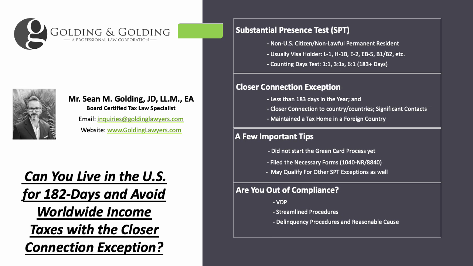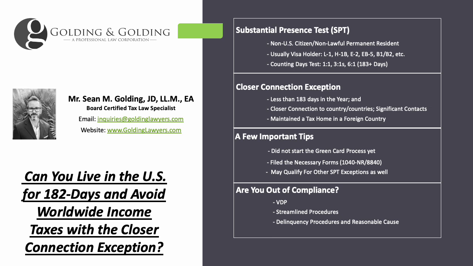So for taxpayers who are like, well, I'm not a U.S. citizen or lawful permanent resident. Yeah, I stayed in the country for a significant amount of time in these last few years, but I'm still a citizen of country X, and I still have closer connection or significant contacts in that country, then you may be able to qualify for the closer connection exception.